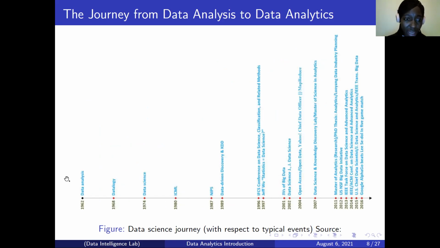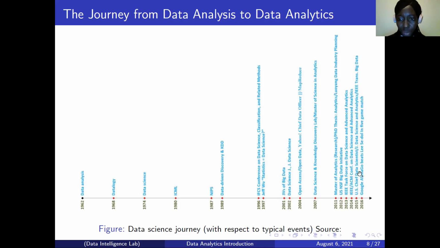Remember the 1962 community I mentioned, and the first name that was coined was datalogy. And the name data science was first coined in 1974.